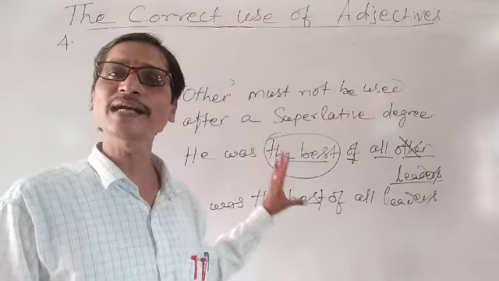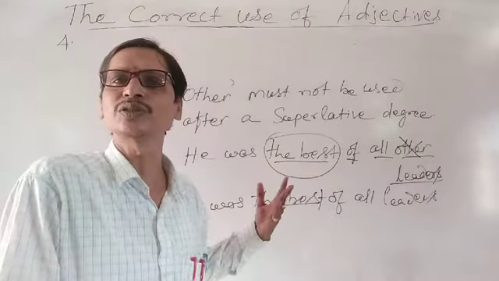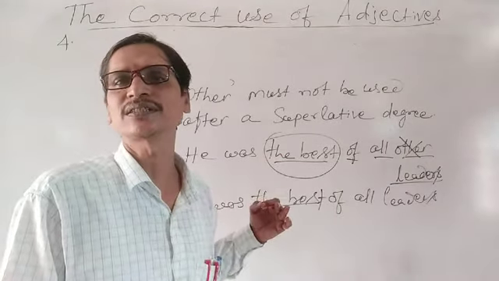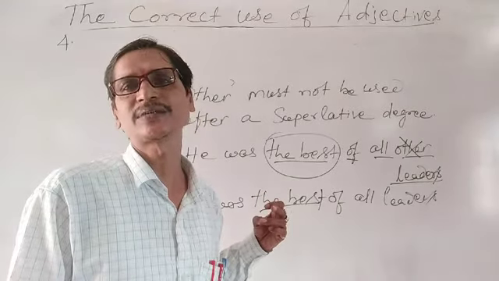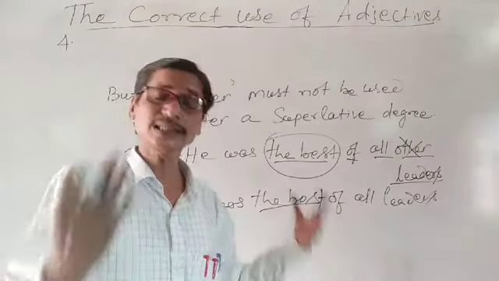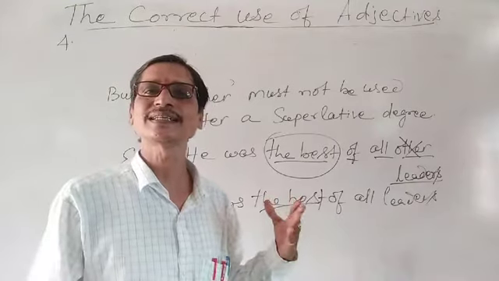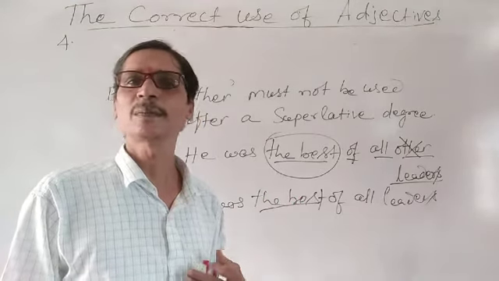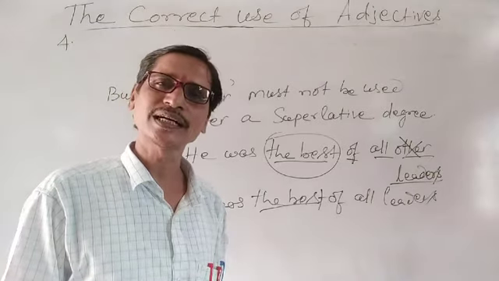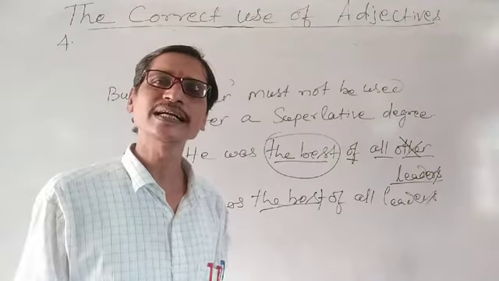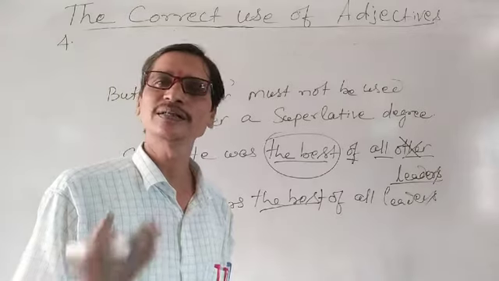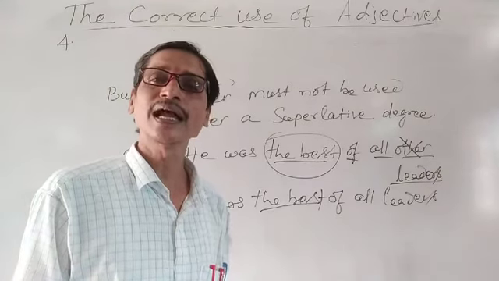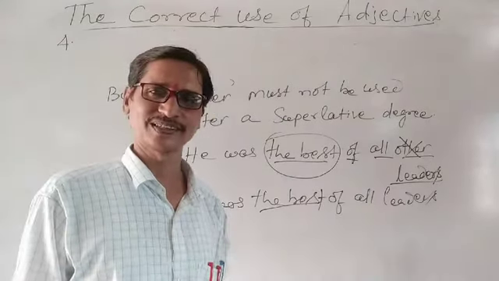We also understood some of the instructions to use adjectives correctly, and in the next and subsequent classes we will discuss more such instructions for using adjectives correctly for speaking and for writing as well as for the text. Okay, and for today only this much. Thank you.